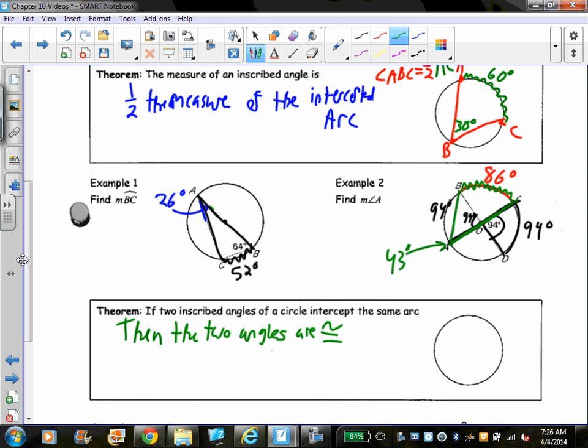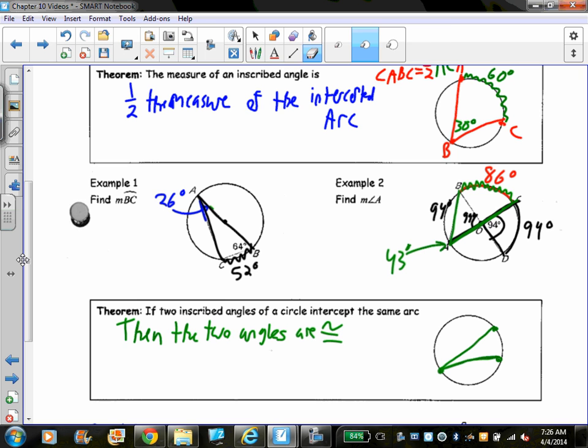So what that means is, let's say that we have one intercepted arc that starts out over here and opens up like this. So there's our angle, there's our intercepted arc.